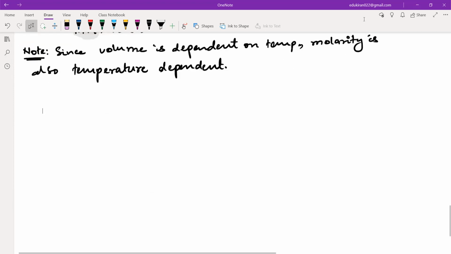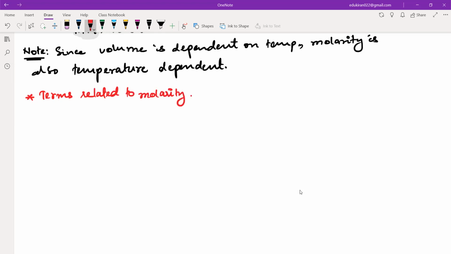One more thing. A few terms that you have to remember, terms related to molarity.